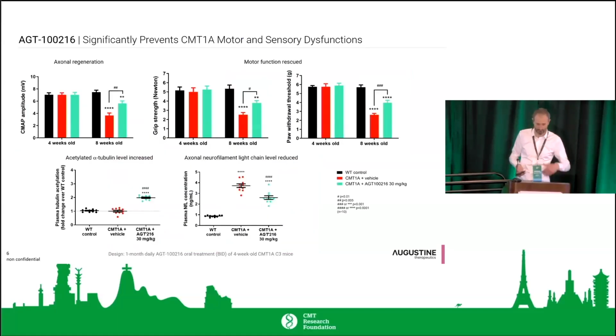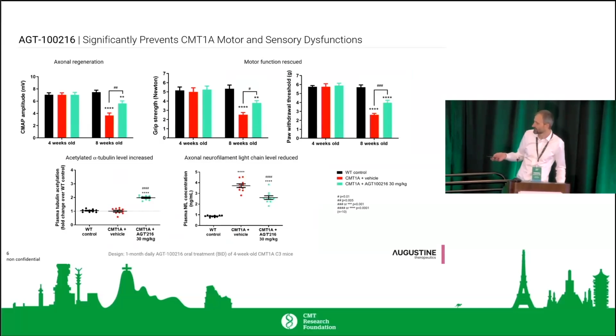So with those data, we progressed the compound through the, let's say, regular DMPK and tox profiling, and eventually to an efficacy model, of which the first study is shown here. So what we did here is to dose HED216 in CMT1A C3 mice, so they have multiple copies of the human PMP22. We dosed the compound for 4 weeks in a preventive setting, so we started dosing at 4 weeks, where the mice do not show yet the phenotype, and continued dosing until they were 8 weeks old.